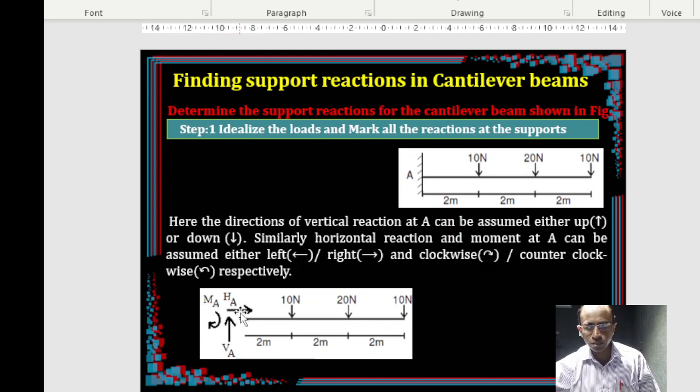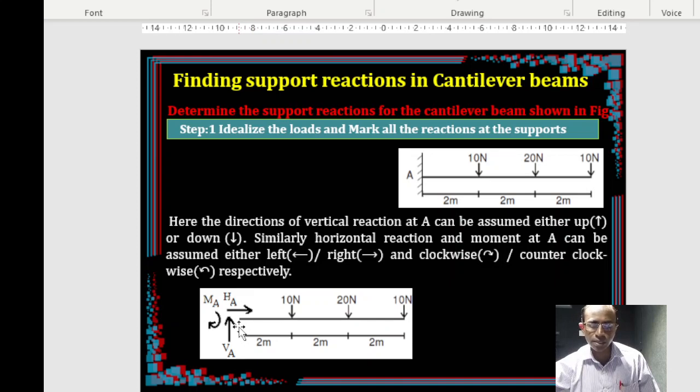So let us mark. One may ask, sir, why have you marked upwards? It doesn't matter. You can even take downwards, or you can take it to the left, and you can even take the moment as counterclockwise. Then the other question is, if somebody marked like this and somebody else marked in a different way, whether they get the same answers?